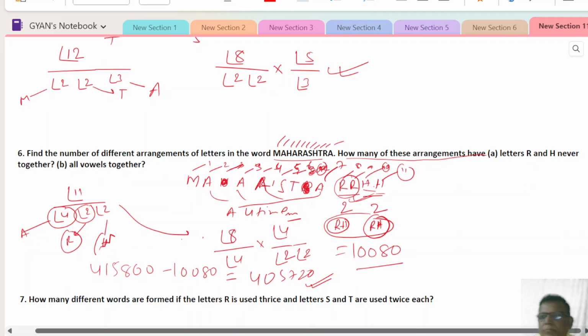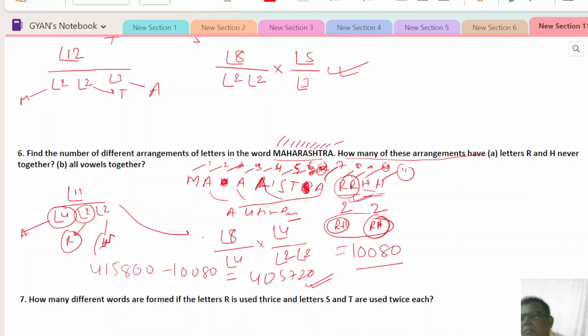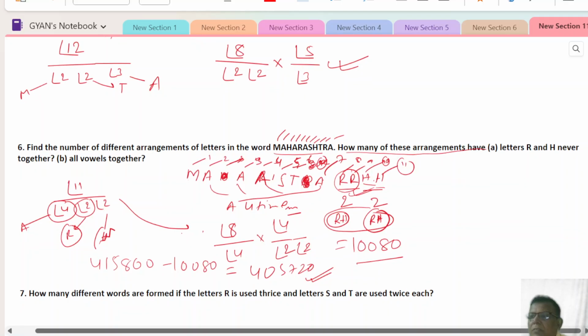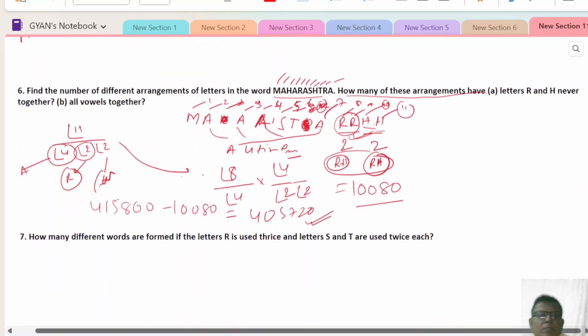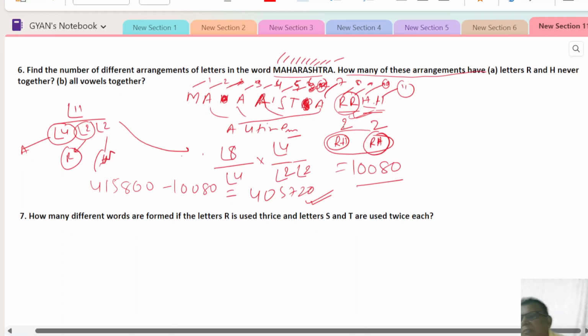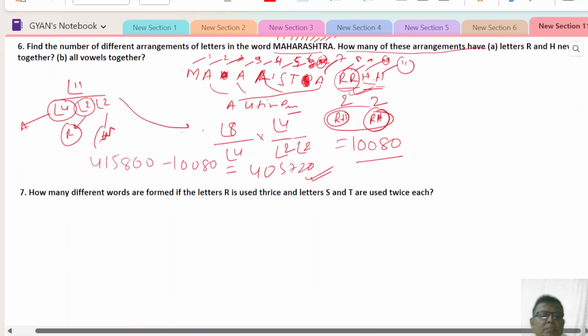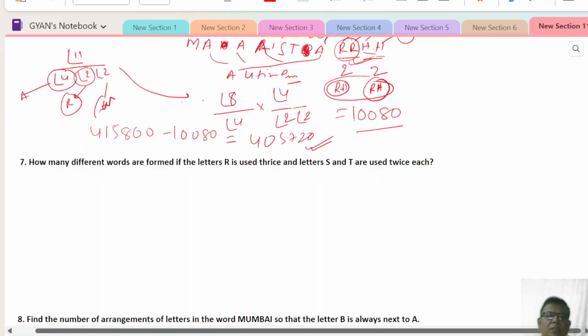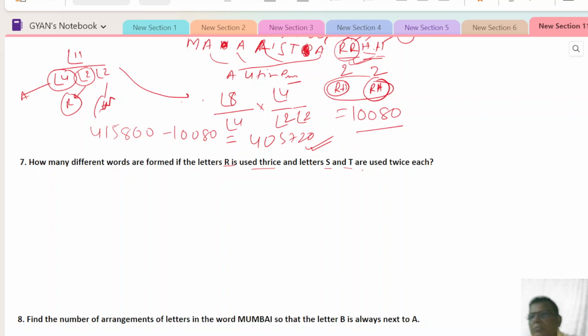Now come to question number 7. How many different words are formed if letter R is used thrice and S and T are used twice?